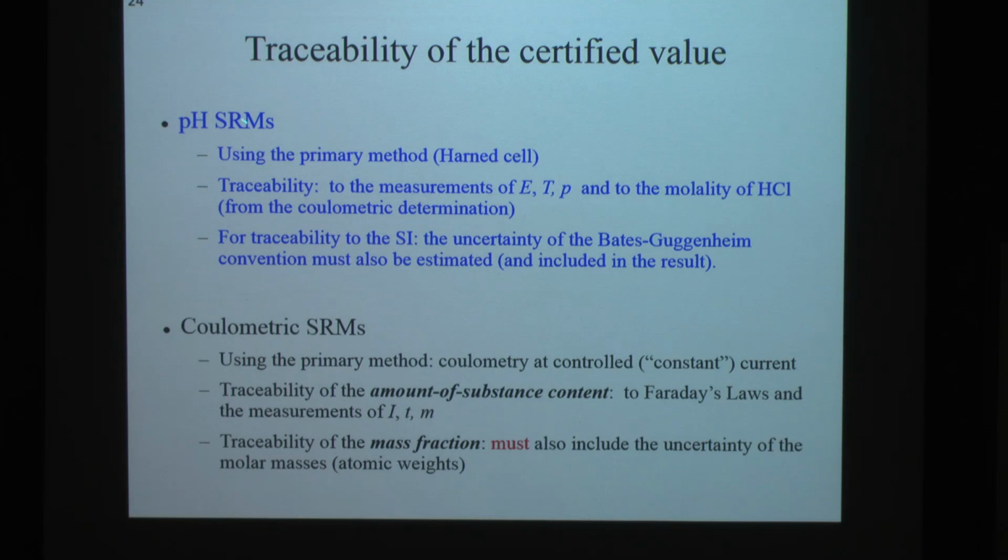Traceability of the value for pH SRMs, the result of the primary method. It goes back to the measurements of the potential, the temperature, the pressure, and to the molality of HCl from the coulometric determination. So that means if you're using a Harned cell to measure pH, you have to have traceability back to coulometry to know the molality of the hydrochloric acid.